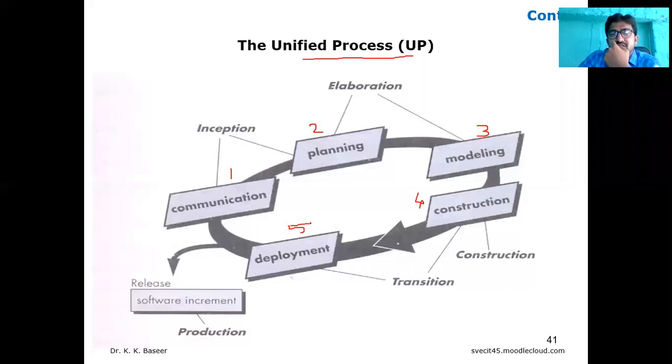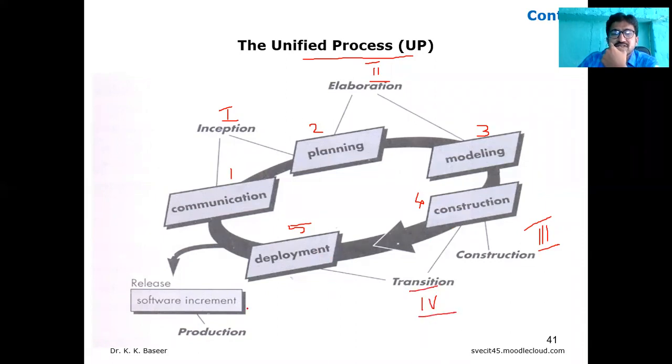If you see together, the combination of communication and planning comes under the first phase called inception. The combination of planning and modeling comes under the second phase called elaboration. Modeling and construction combined are called the third phase, construction. The combination of deployment and construction is called the fourth phase, transition.